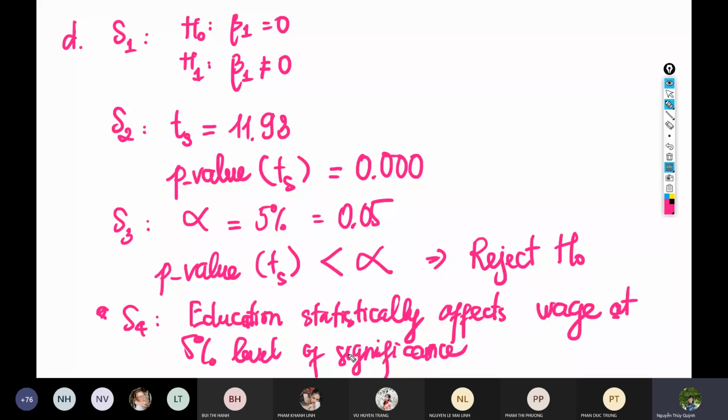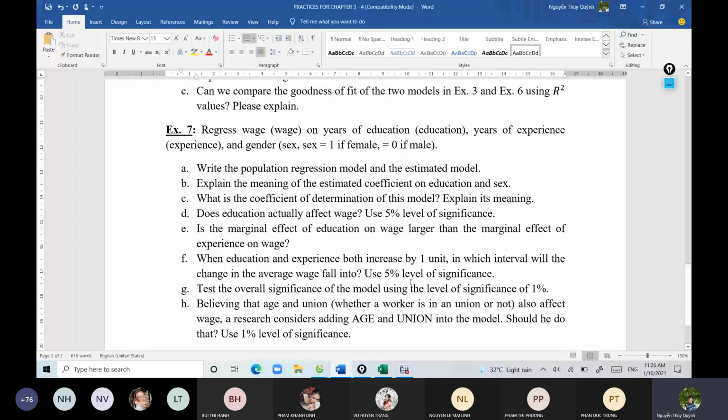All right, for question E, now, is the marginal effect of education on wage larger than the marginal effect of experience on wage? What do we have to do here?